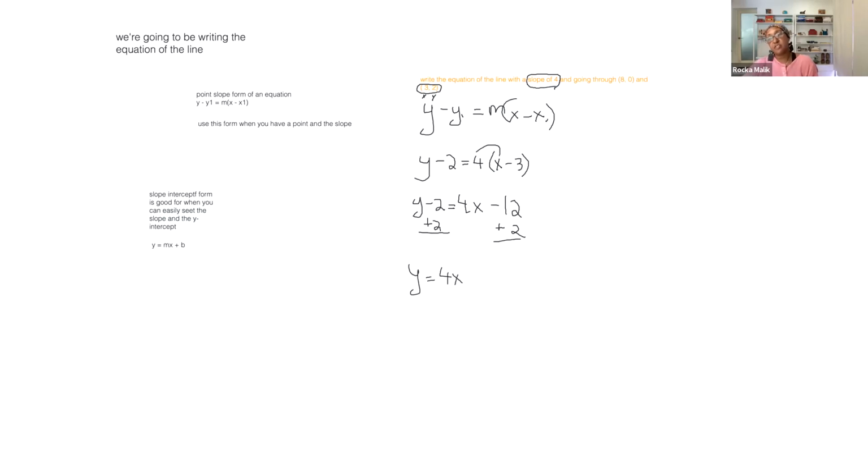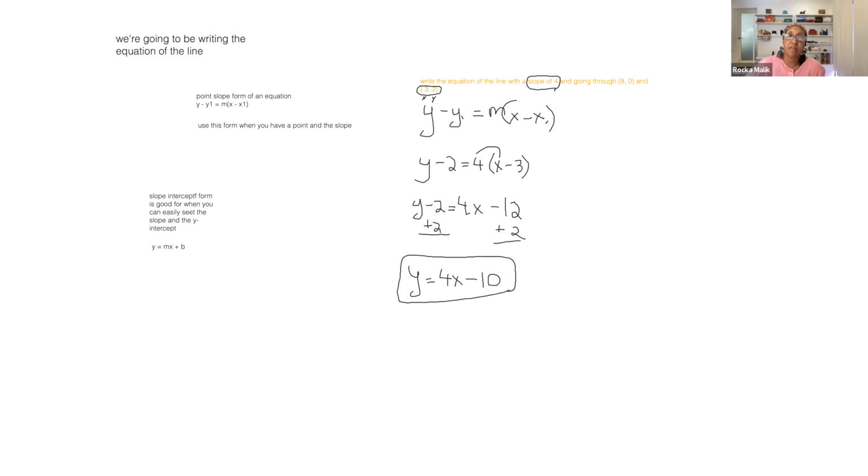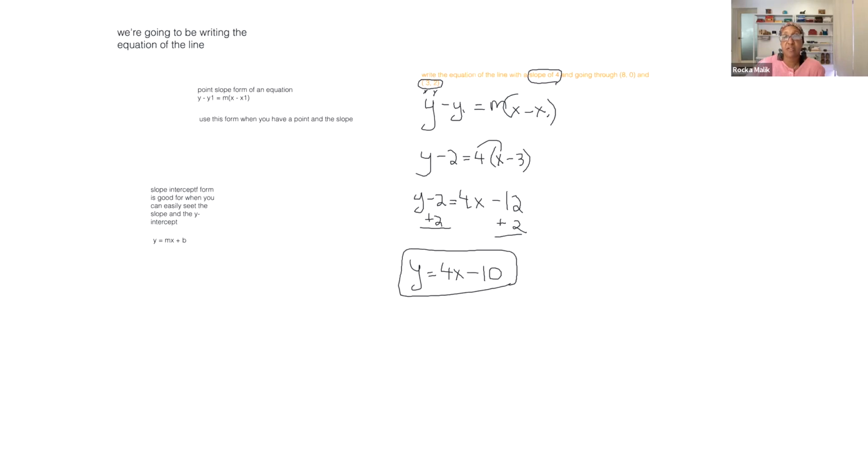Negative 12 plus 2 leaves me with a negative 10. And this is the equation of the line. What form is this in? Is it standard form, which is... slope-intercept form?